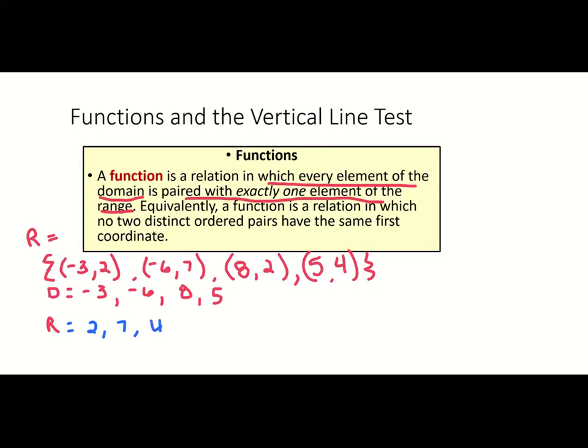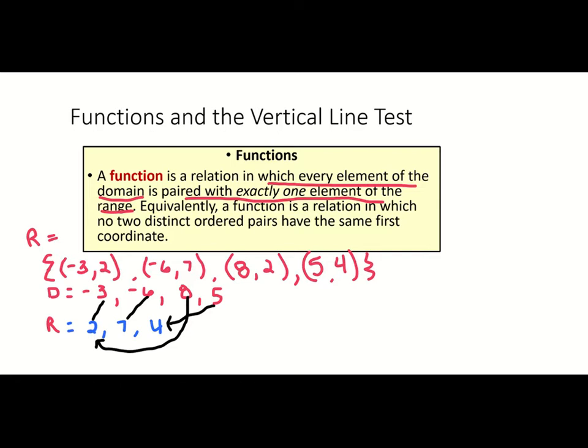So in order for our relation to be a function, each element of the domain has to be paired with exactly one element of the range. So if I look at my ordered pairs, I have -3 goes to 2, -6 goes to 7, 8 is paired with 2, and then 5 is paired with 4.